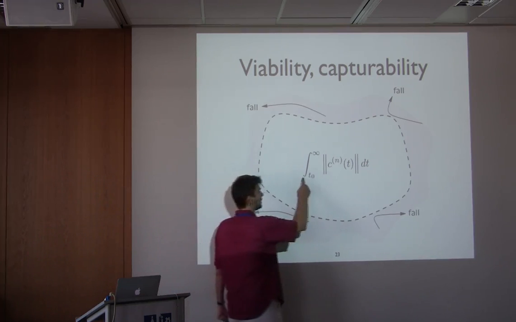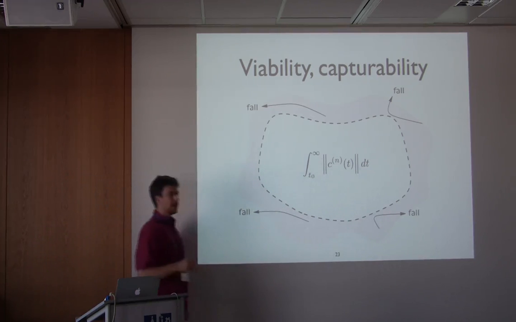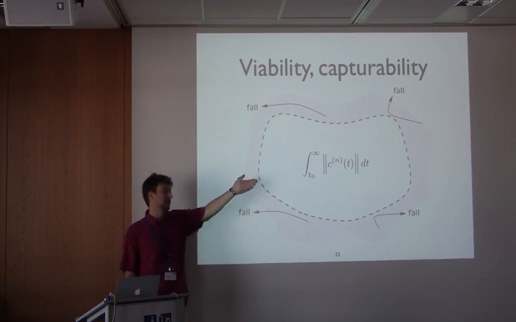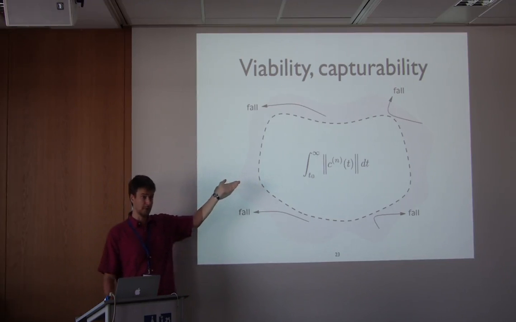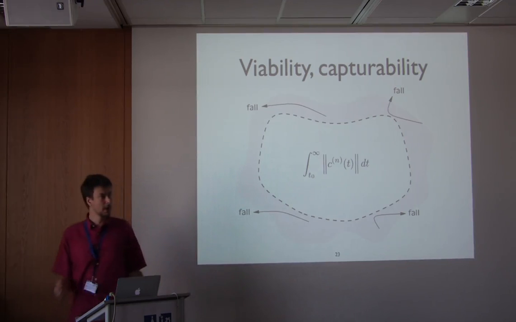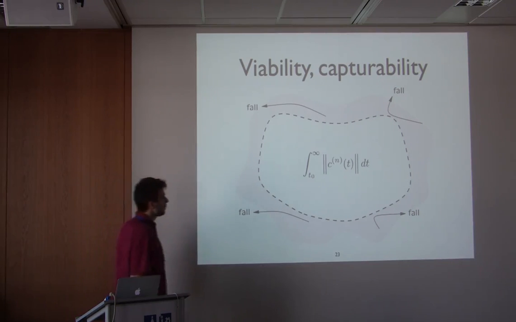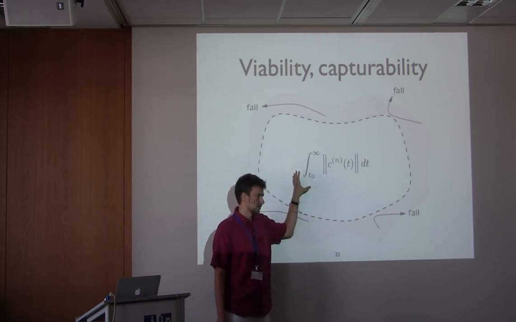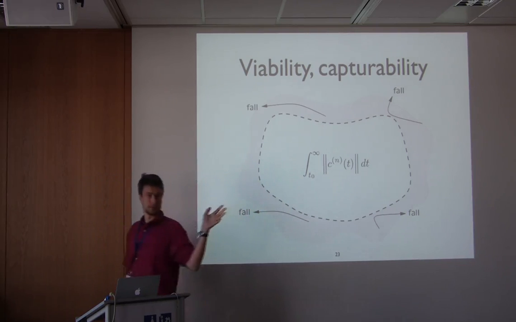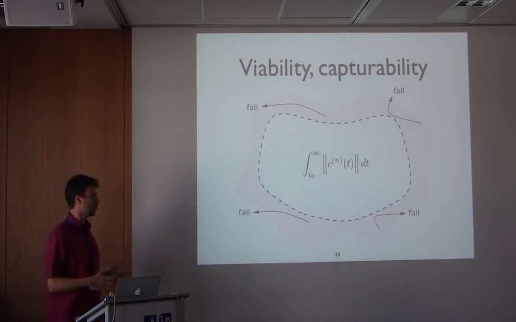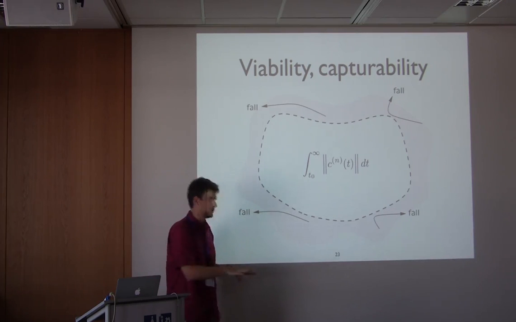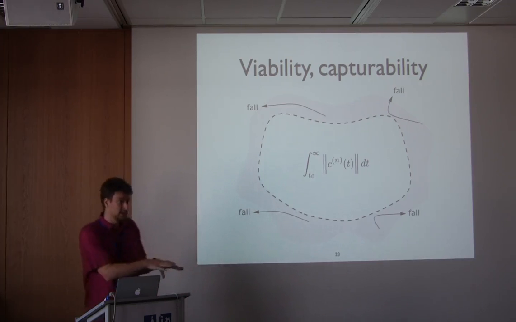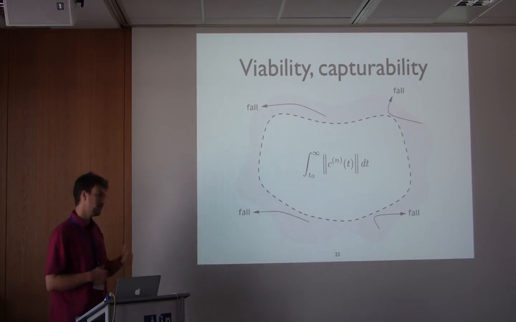If a motion falls, this integral is infinite, and if it's finite, it means that you have a motion which avoids falling. So maybe if you try to minimize this integral, if you try to do some optimal control out of it, and keep it as low as possible, and hopefully finite, then you will choose a motion which avoids falling.